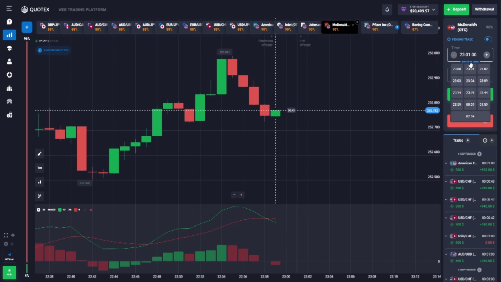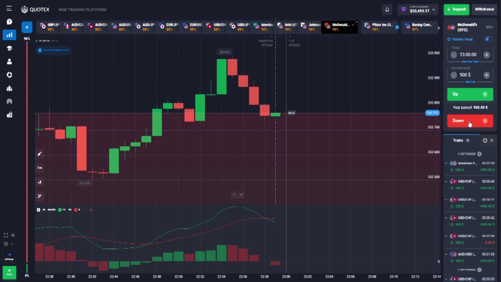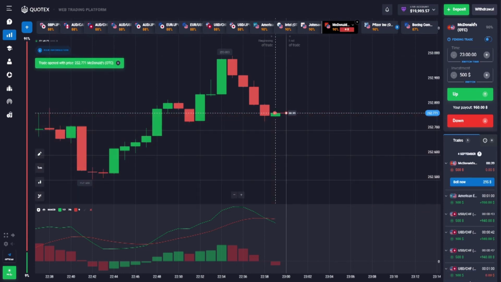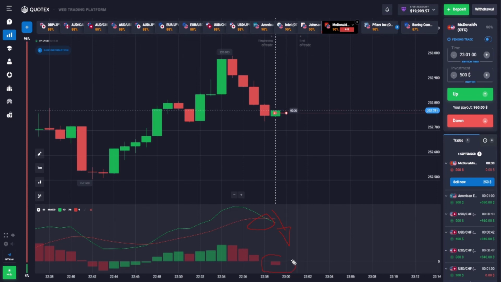Here guys, this has crossed. Just open a position for 1 minute without hesitation. And here it is also seen that the MACD bar is bigger than before and is red.